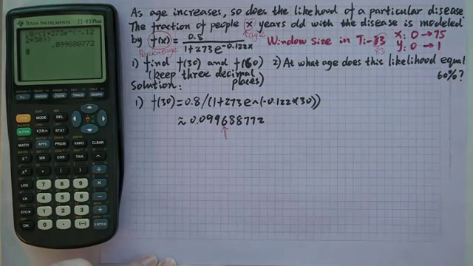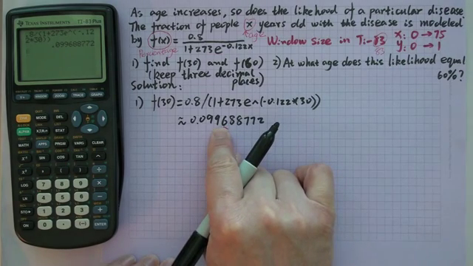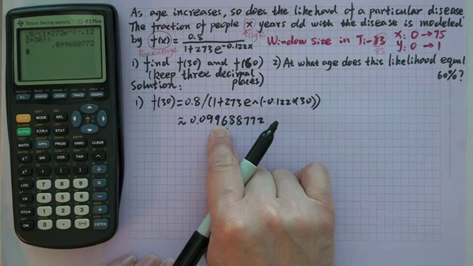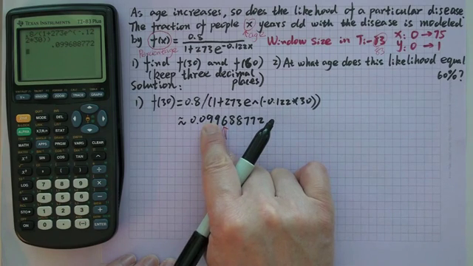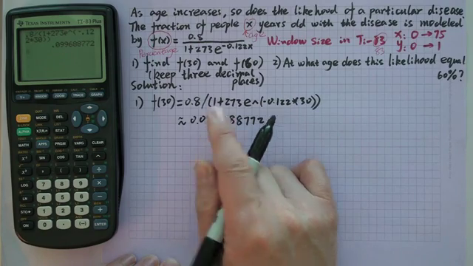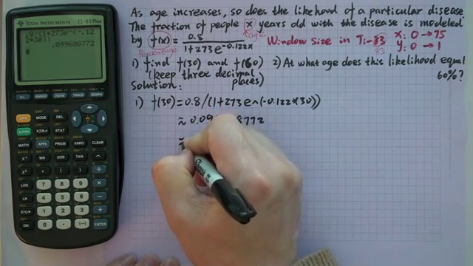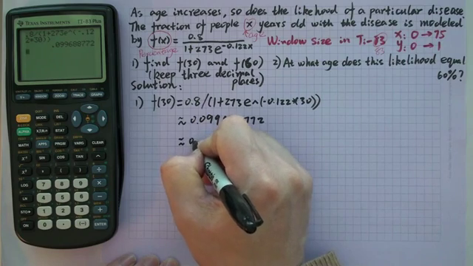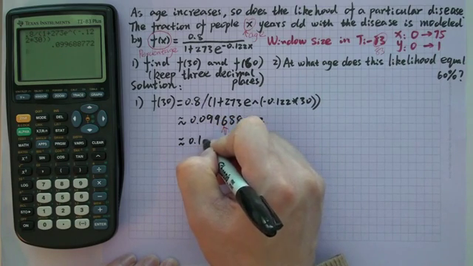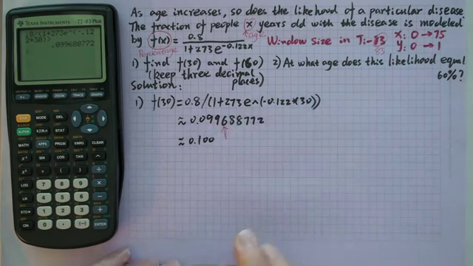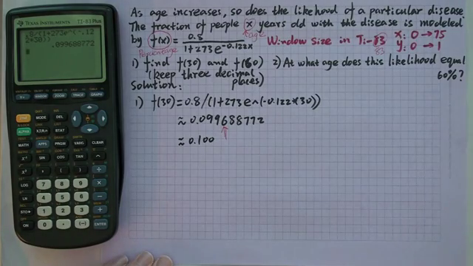The fourth one is 6, which is greater than 5, so you round it up. And then 9 plus 1 is 0. Go one more, and 9 plus 1 is 0. So then this is 0.100.